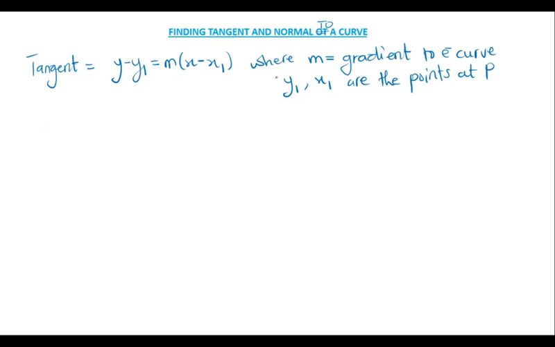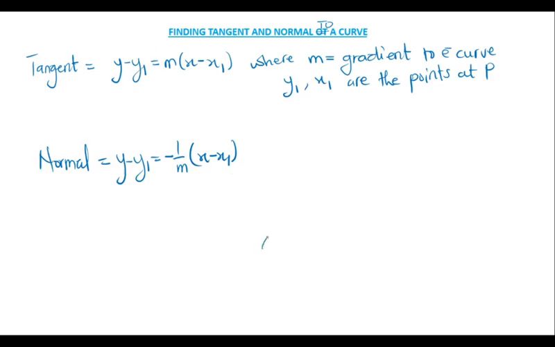Those coordinates are what we call x1 and y1. Now the normal to the curve, on the other hand, is given by y minus y1 equals negative 1 over m into bracket x minus x1. So this is the formula that we use to find the normal to the curve, and this is what we use to find the tangent to the curve.